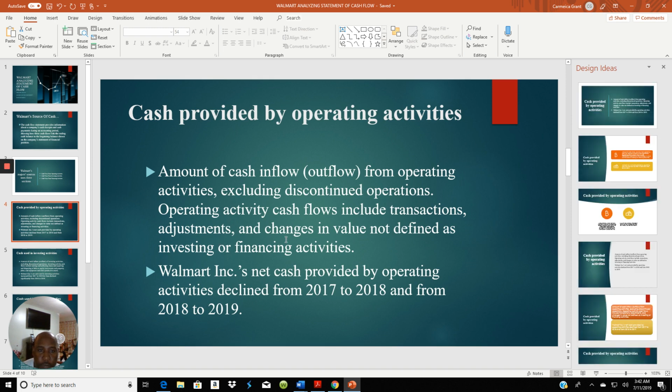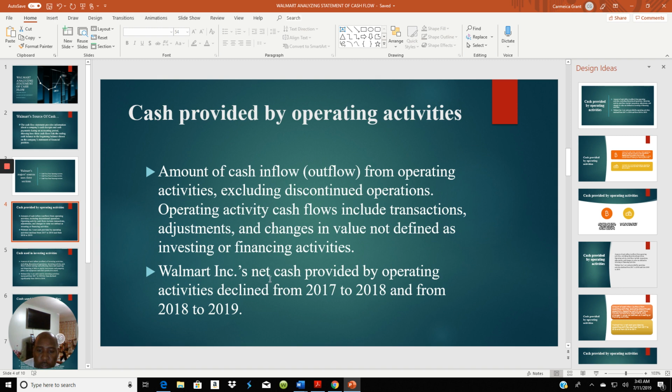Cash provided by operating activities. The amount of cash inflow and outflow from operating activities, excluding discontinued operations. Operating activity flows include transaction adjustments and changes in value not defined as investing or financing activity.